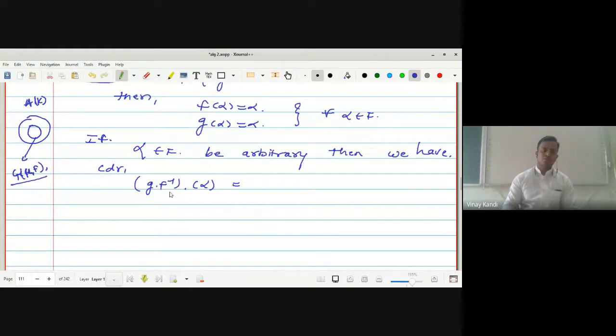So here g composed with f inverse of alpha is g of f inverse of alpha.